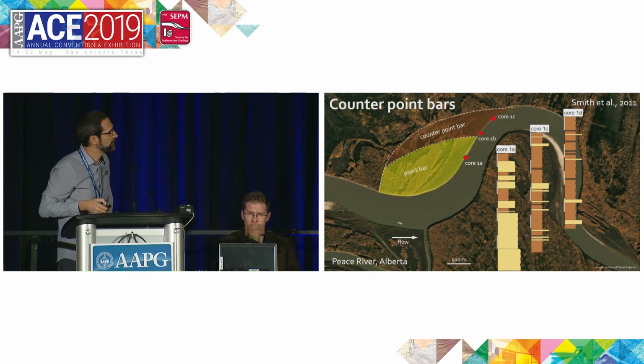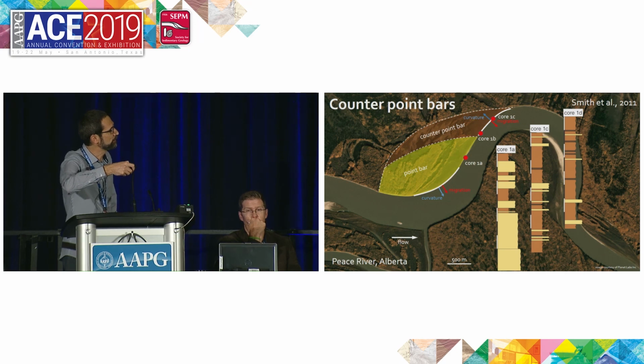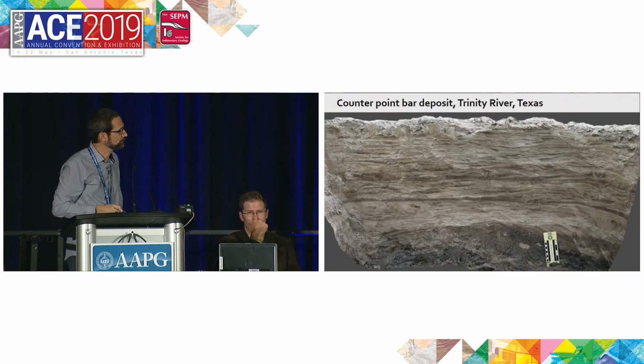We can also paint in the point bar and counterpoint bar and the vectors of migration and curvature, and you can see again that the counterpoint bar mathematically occurs where these vectors point in opposite directions.